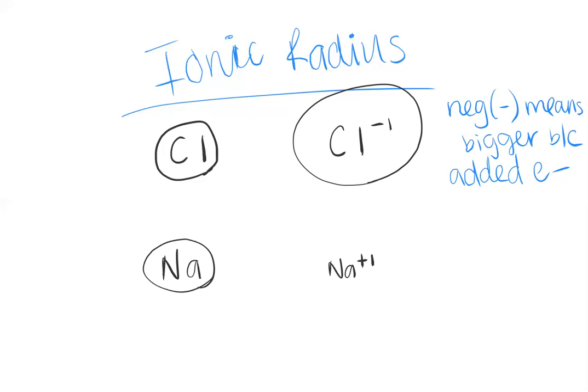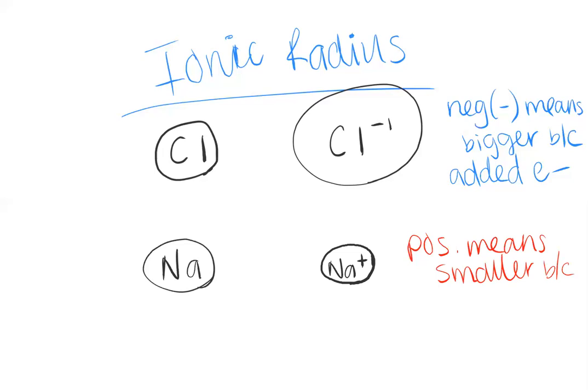So it has fewer electrons than it had before. So we're going to get a smaller version as compared to the neutral atom. So let's write that down. Positive means smaller because we lost electrons.